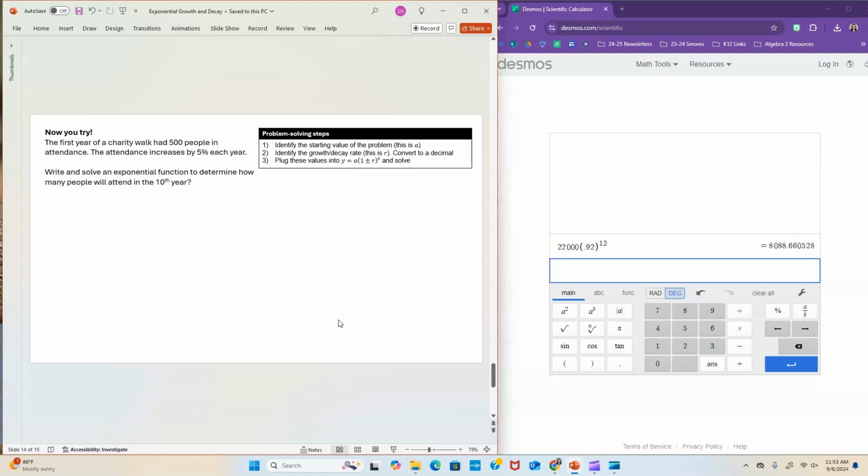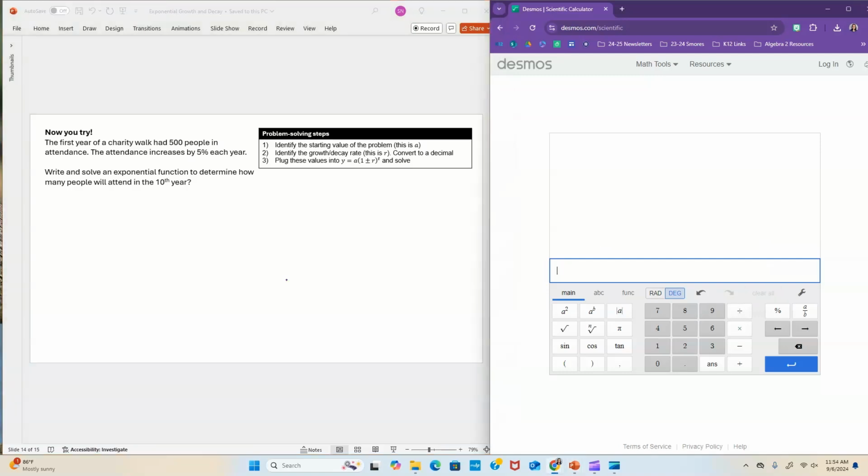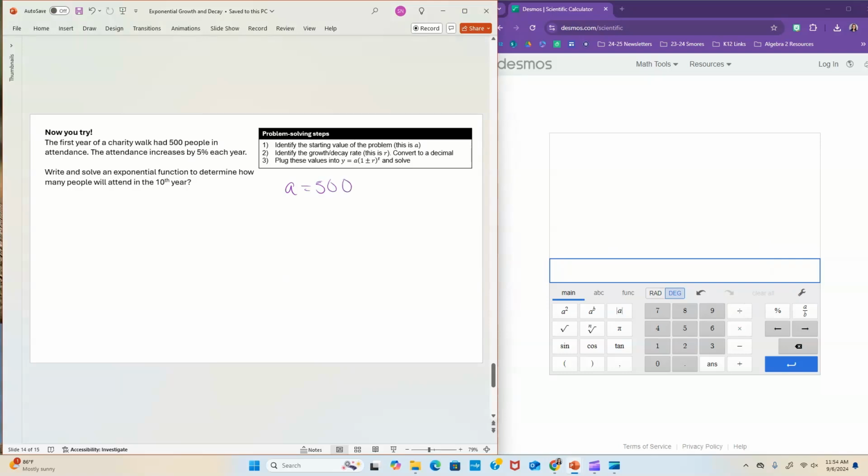So now you can go ahead and pause the video and try doing this example on your own. So here it says the first year of a charity walk had 500 people in attendance. So that's telling me the value of A is 500. It says the attendance increases, so I know I'm going to use the exponential growth function, A times 1 plus R to the T. So we have 500, and then the value of R is going to be 5%.